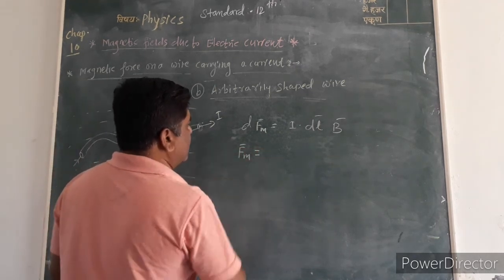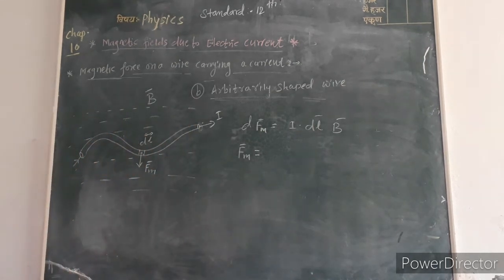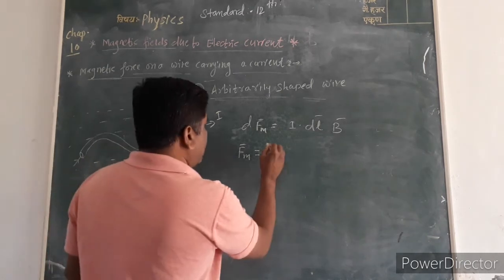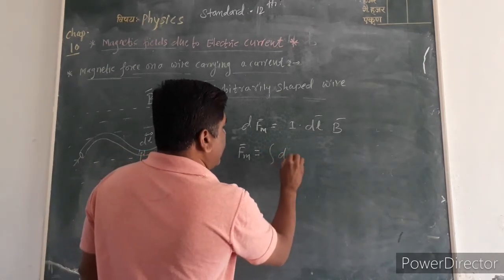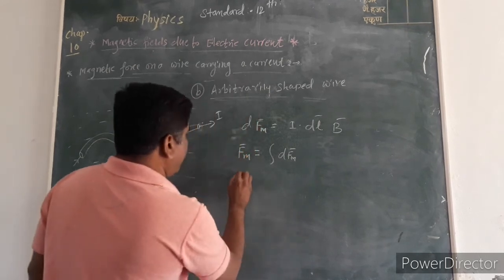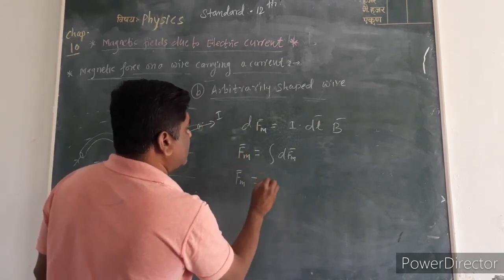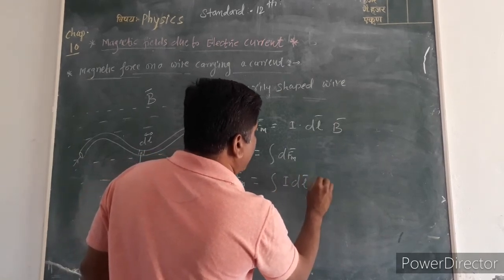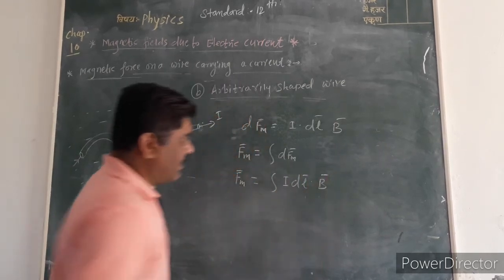Taking integration, we get the total force acting on this wire: Fm bar is equal to integration of dFm bar, or Fm bar is equal to integration of I dl bar cross B bar.